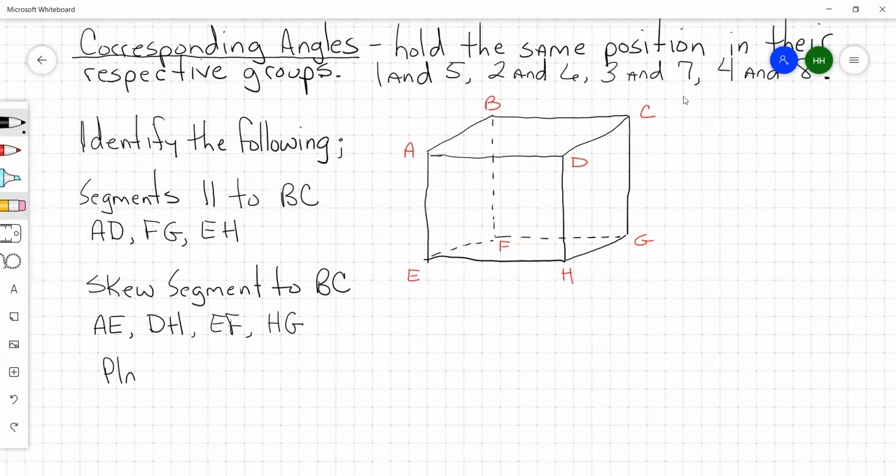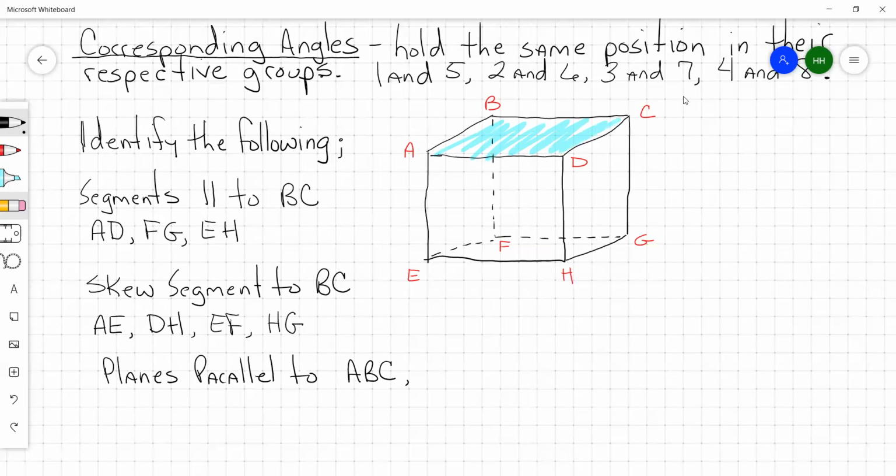Planes parallel to ABC. ABC is the top of this box, right up here. What's parallel to the top of the box?